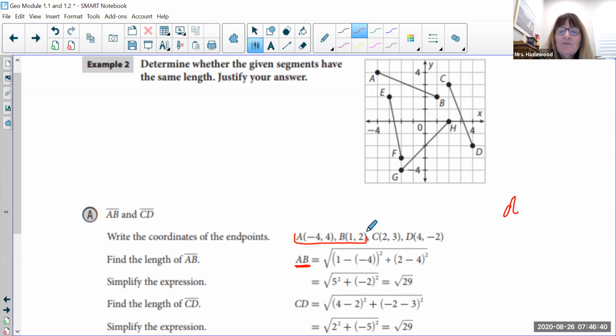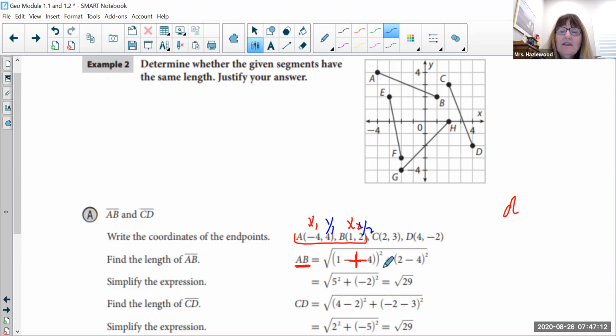And so the distance formula says x sub 2 minus x sub 1. So here's x sub 1, here's x sub 2. So 1 minus 4. So we know we're going to add here. So 1 plus 4 is 5 squared. And then my y sub 1 and my y sub 2. So 2 minus 4.